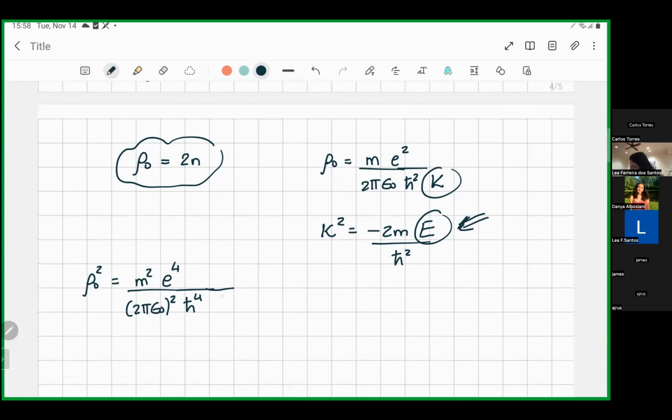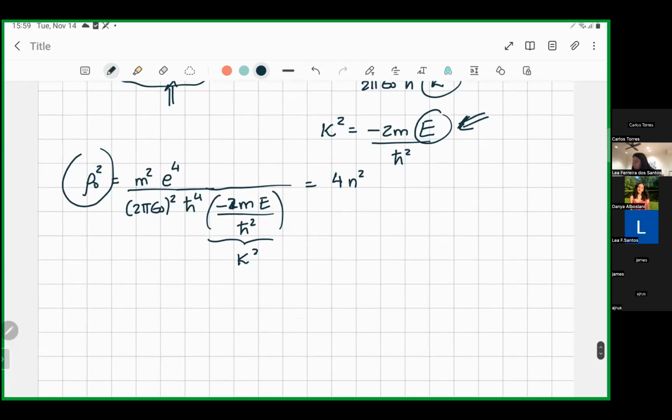So kappa squared is minus 2m E over h bar squared. And all this is equal to what we found here, but using squared everywhere. So this is equal to 4n squared.